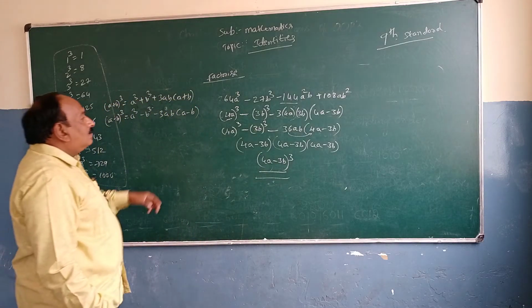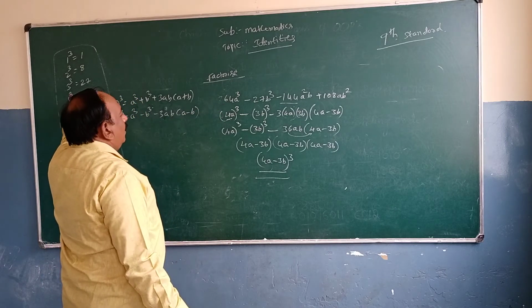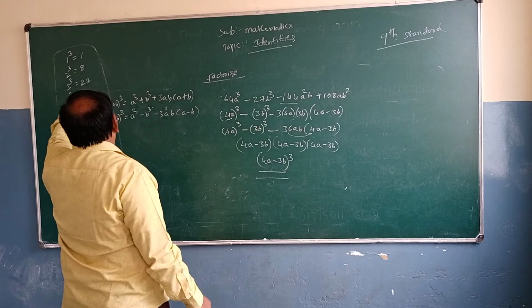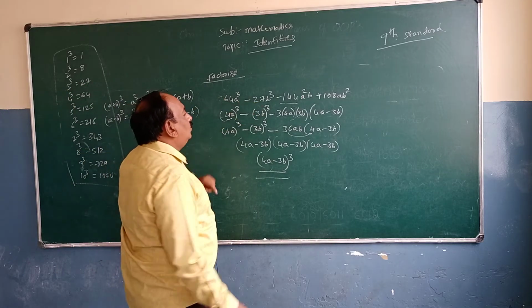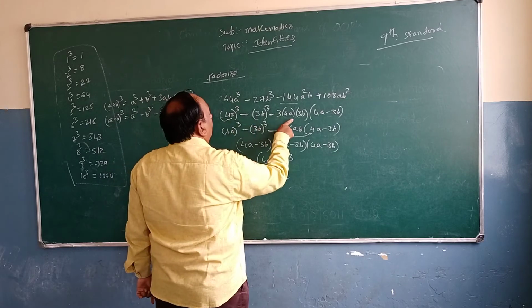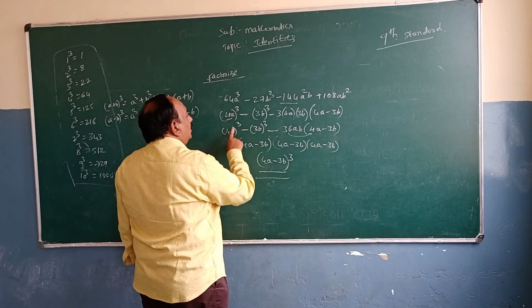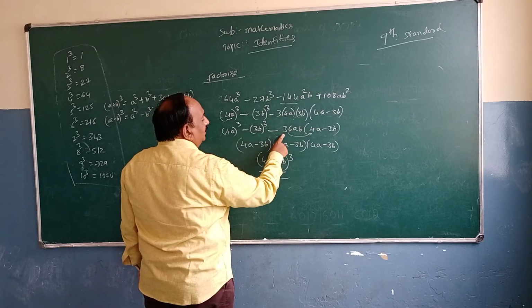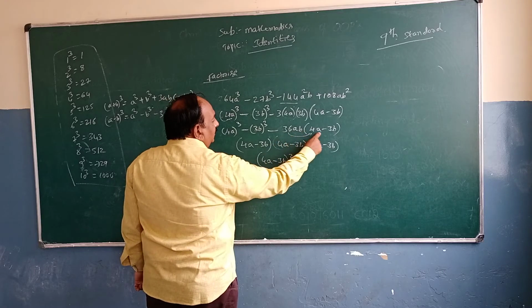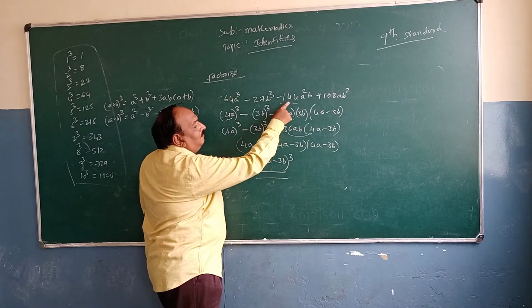Once again, the cube root of 64 is 4. The cube root of 27 is 3. That is 4a whole cube, 3b whole cube, 3 into 4a into 3b into 4a minus 3b. 3 4s are 12, 12 3s are 36ab into 4a minus 3b. 36 4s are 144.